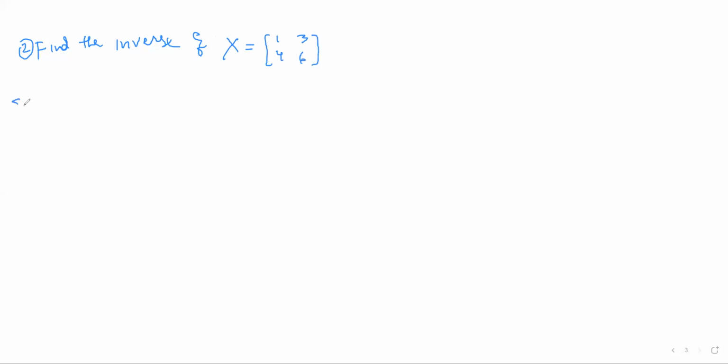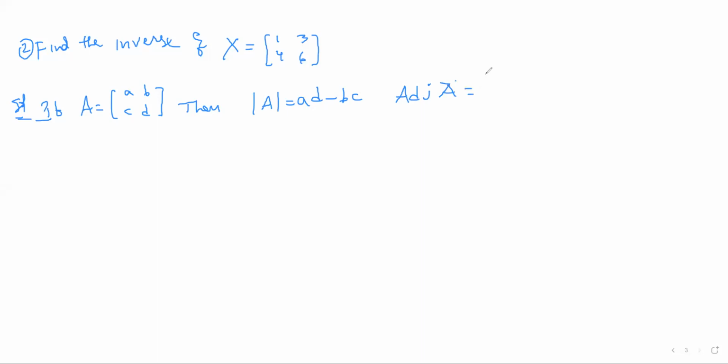Okay, so if capital A is equal to A, B, C, D, then determinant of A is equal to AD minus BC. Formulas I am giving you. And adjoint A, that is for 2 by 2 matrices only, adjoint A is equal to D, minus B, minus C, A. These are the formulas for a 2 by 2 matrix.